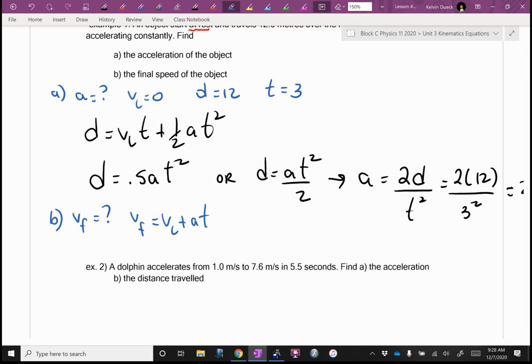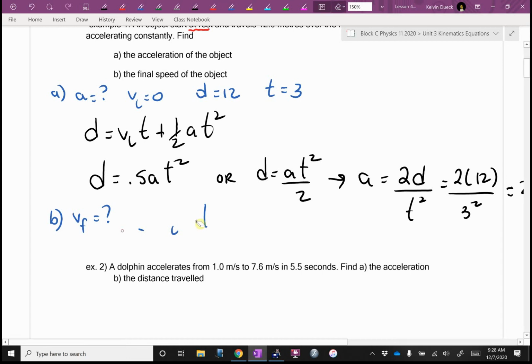So if I'm a good test writer, I might try and avoid using an answer to find an answer, unless I have to, and there will be times when I have to use an answer to find an answer. I'll let you know. And your hint will usually be, oh, this question's worth 3 marks or 4 marks. That's probably a multi-step question, Mr. Dewick.